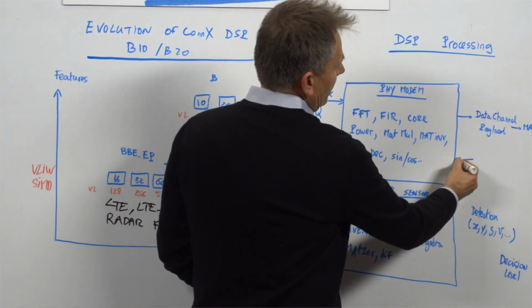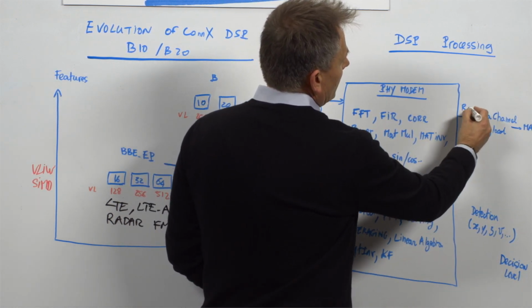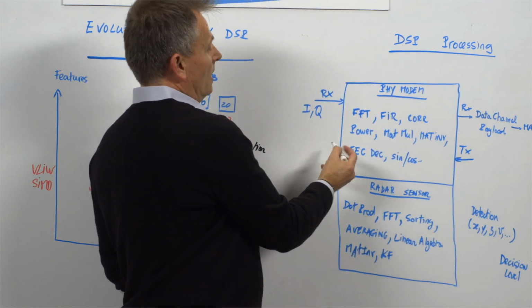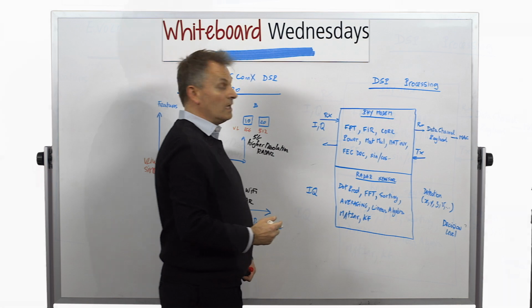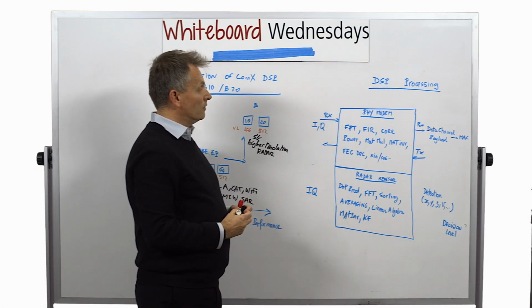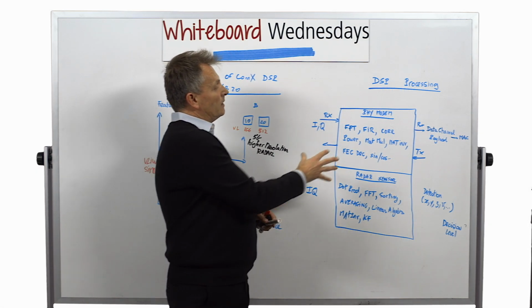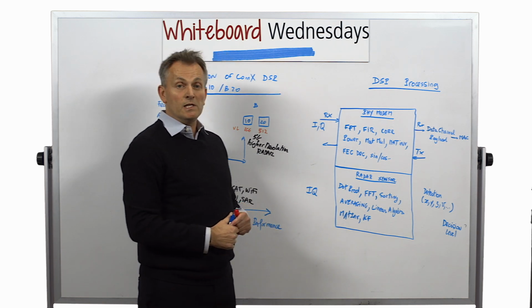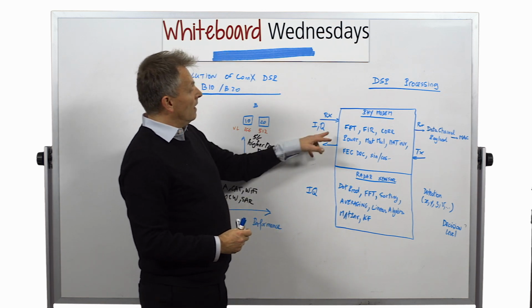In the transmit path, we have data channels coming into the PHY modem, and the IQ signals are also generated on the RF interface.